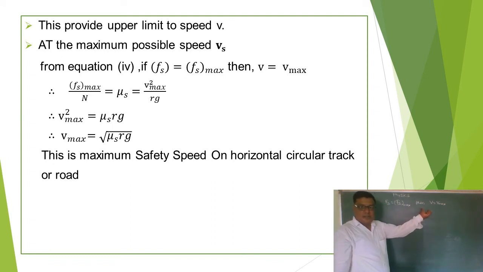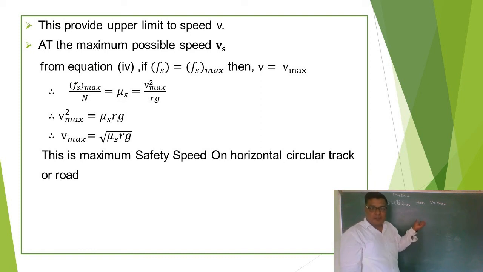According to this, v max is the maximum possible safe speed of the vehicle on the horizontal circular track.